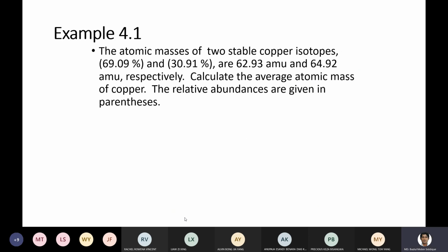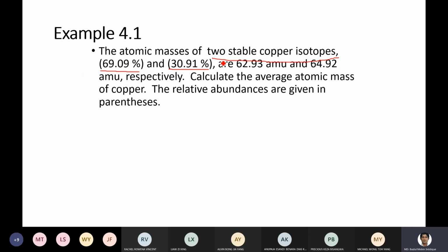How do we find the average atomic mass for an atom, and calculate the mass number for any element? We will understand from this example, right? The atomic masses of two stable copper isotopes: one occurs in 69.09%, another occurs in 30.91% in nature.